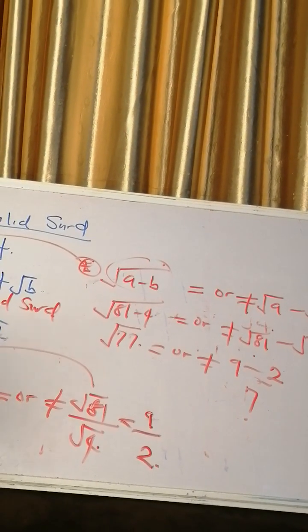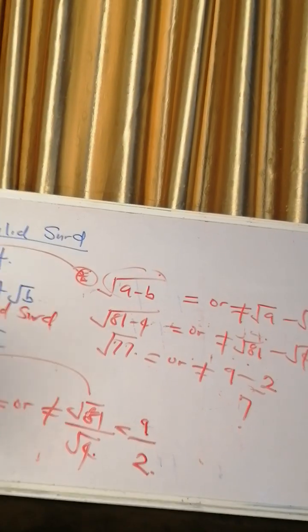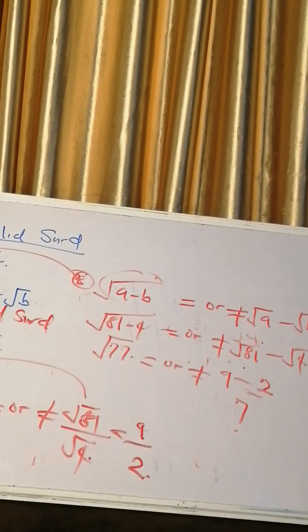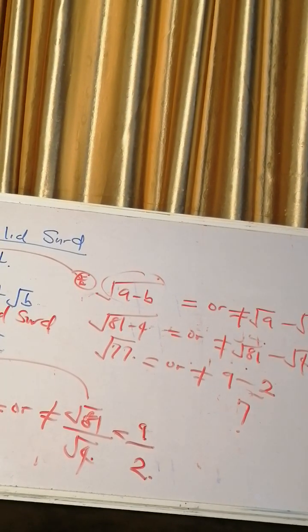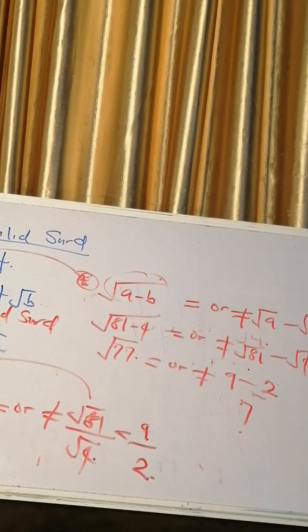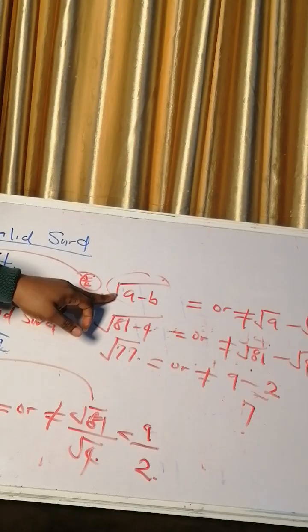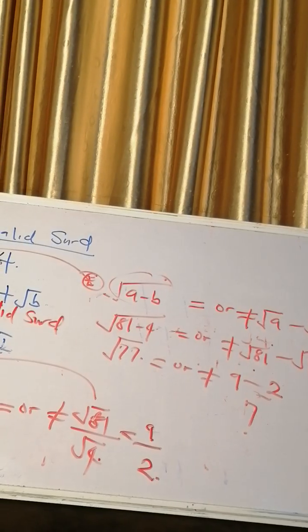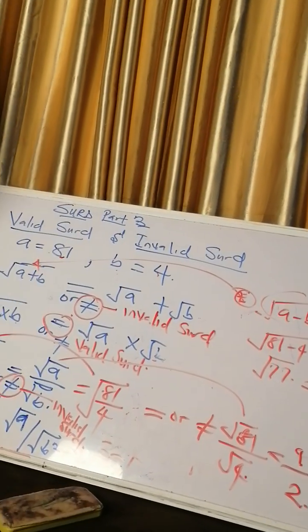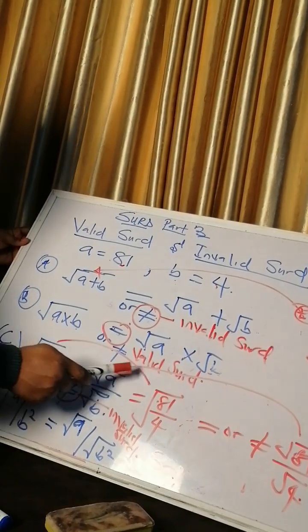So it means that you cannot add surds together because it has a condition. That is the meaning. In surds, you cannot add it, you cannot subtract it, but you can multiply it. Look at the multiplication sign here, it means that you can multiply, which is valid.